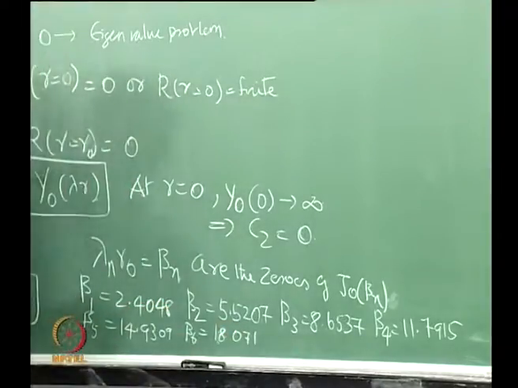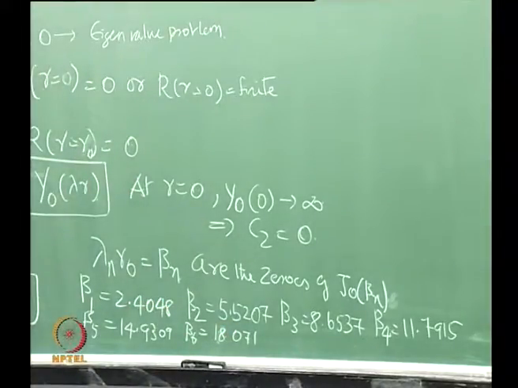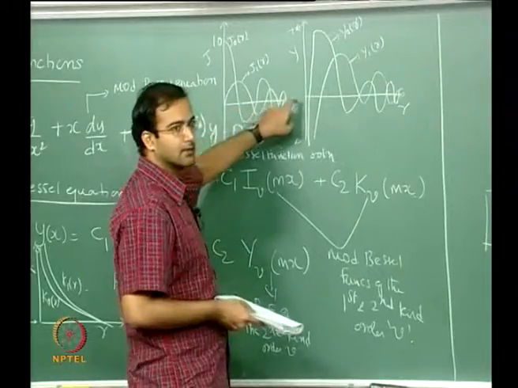So these are the first 6 zeros corresponding to the value of lambda into r naught. Okay.